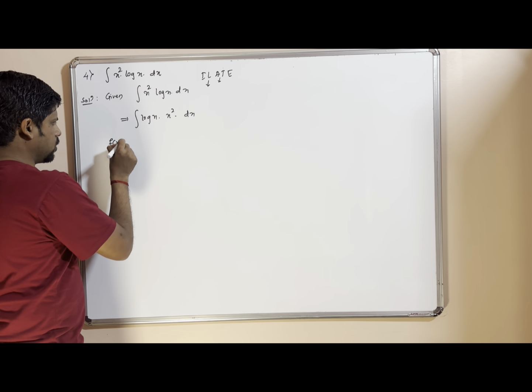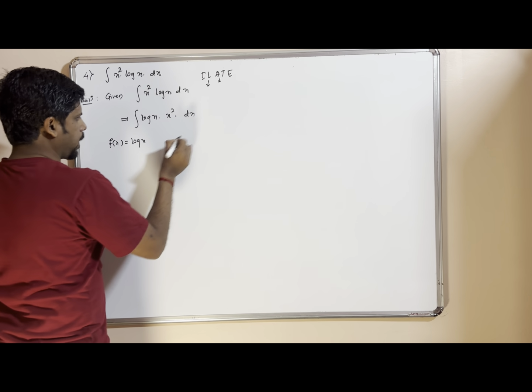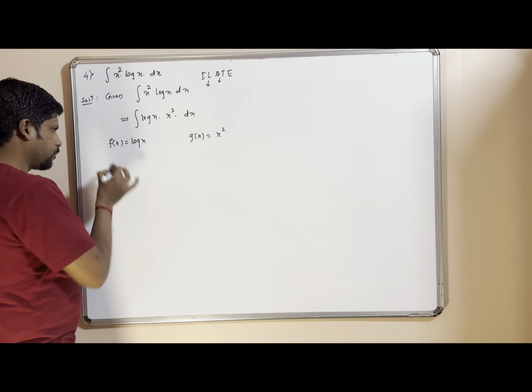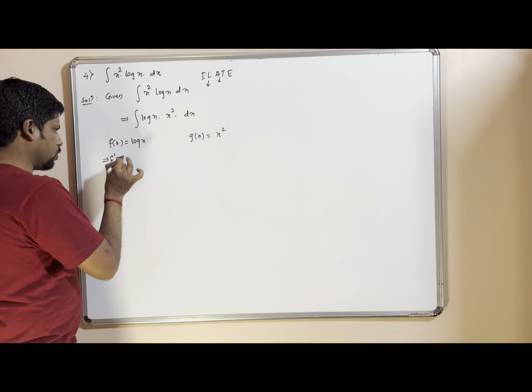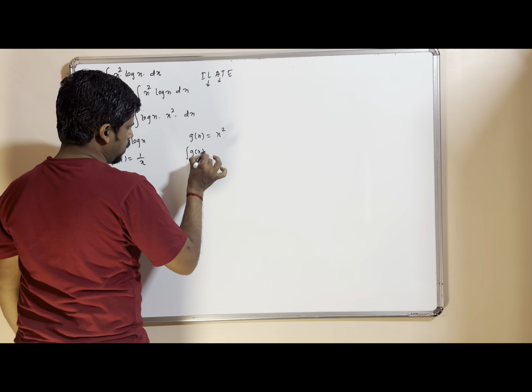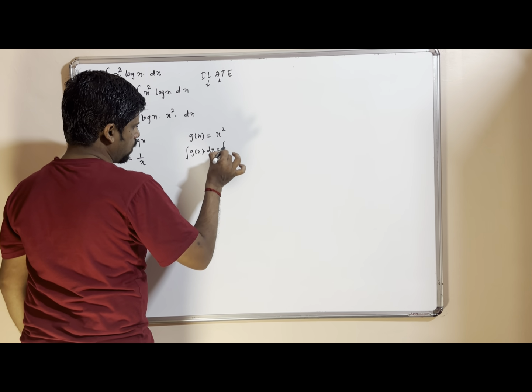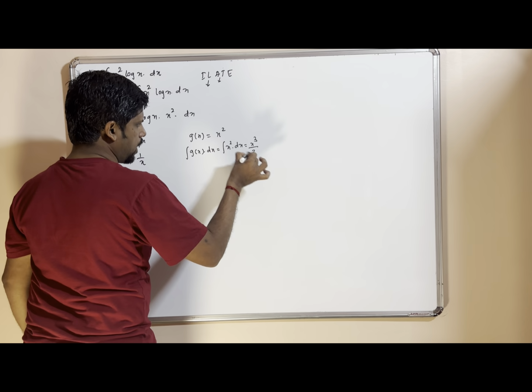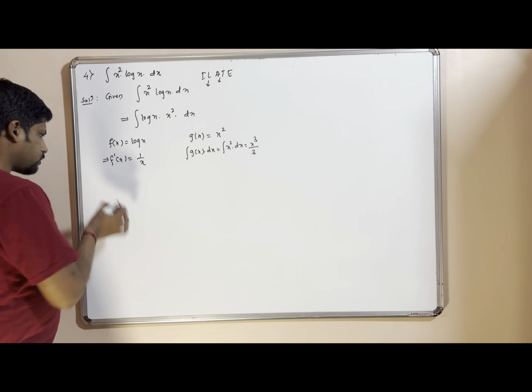So here f of x is equal to log x, g of x is equal to x square, then f dash of x is equal to 1 by x, and integration of g of x into dx, what is the integration of x square into dx? That is x cube divided by 3, right?